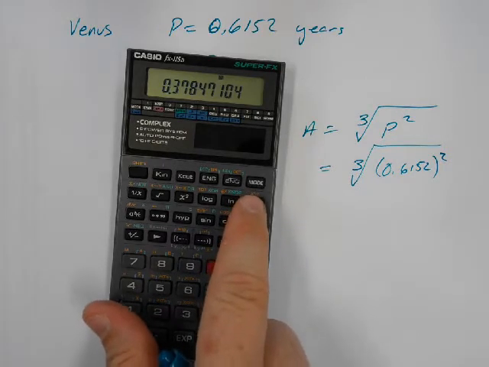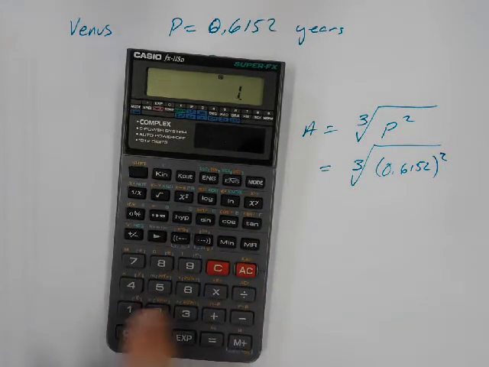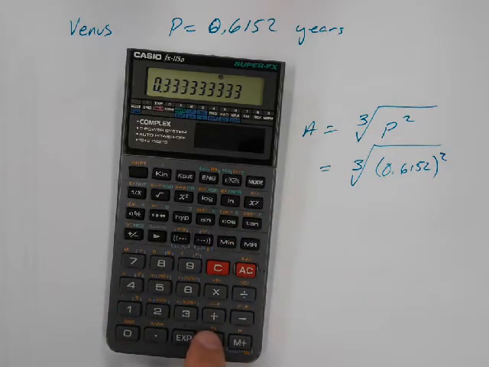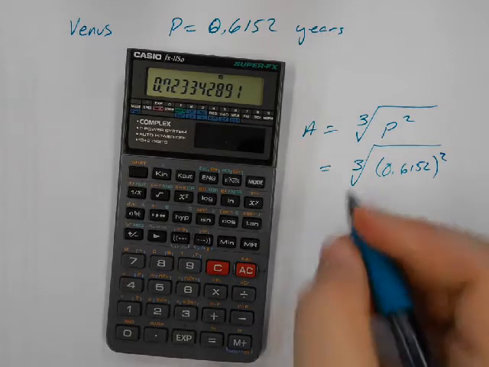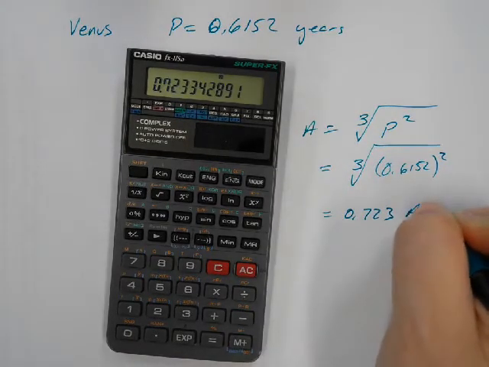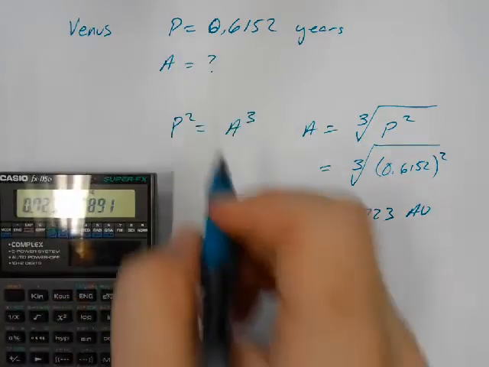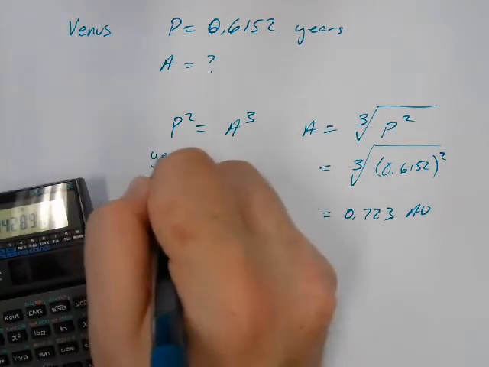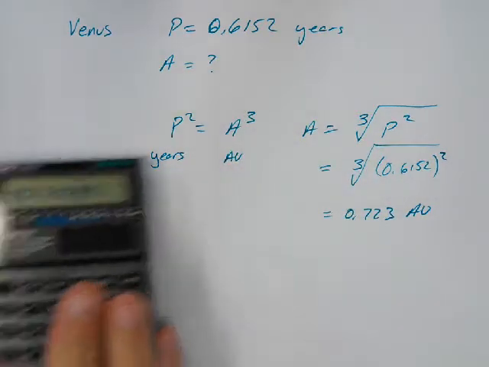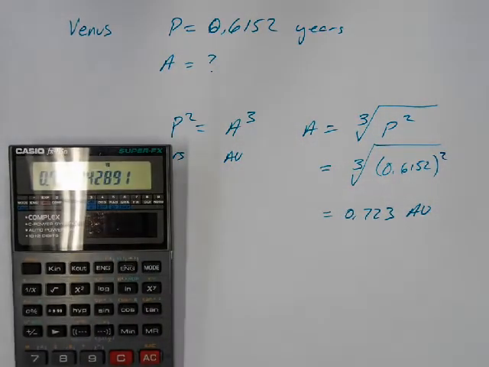For me, it is 1 divided by 3, and we use the exponent button to put the exponent there. And this is 0.723. This is an engineering formula: you have to put in years on one side and get AU out on the other. So we get 0.723 AU. When we look it up, it's 0.723 AU.